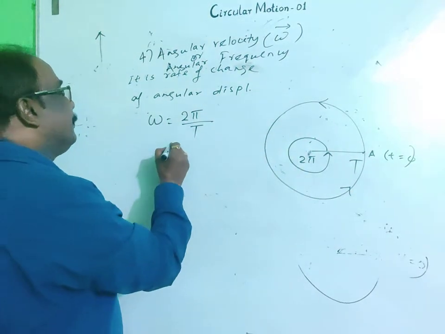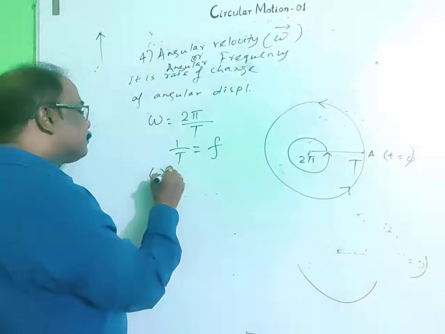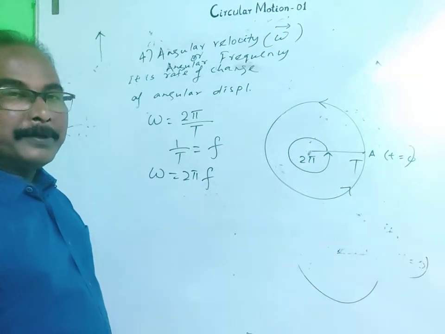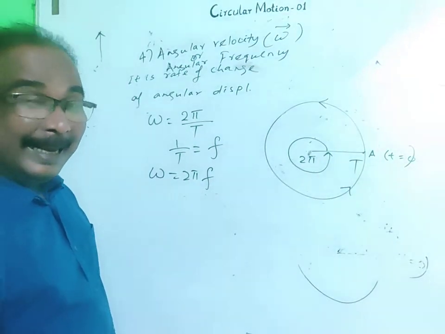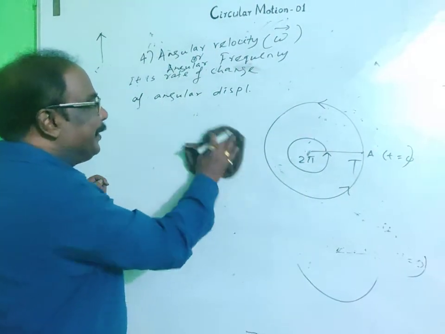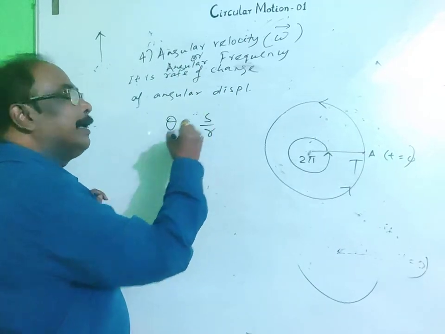Again, you know the reciprocal of time period is frequency. So angular velocity may be written as 2 pi into frequency. Then relation: we know angular displacement theta is s by r.